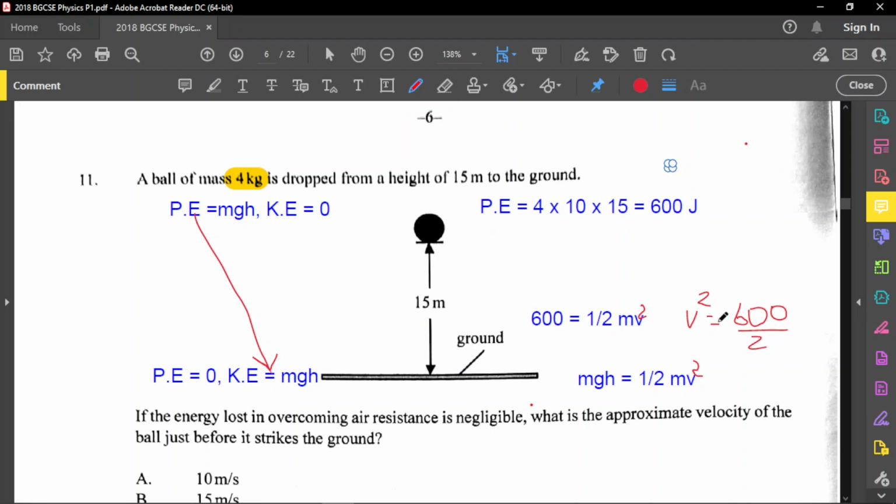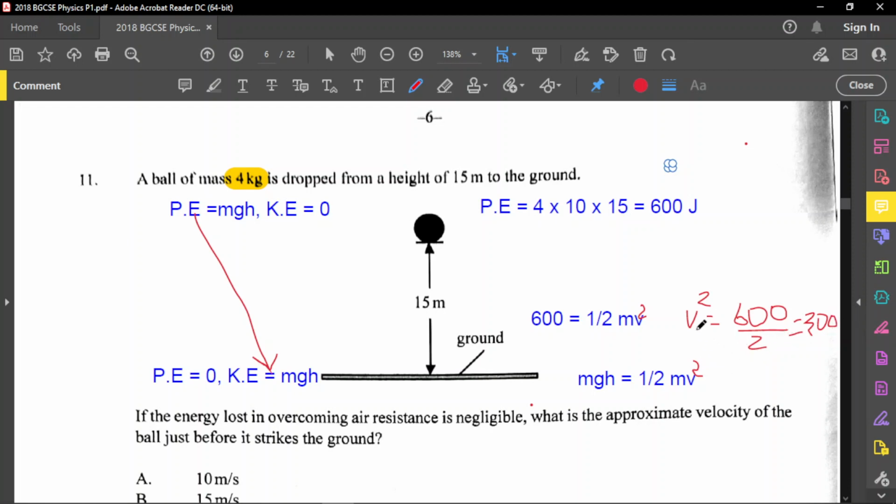So we know that this equals 300. I just want to make a note there, this is equal to 300.